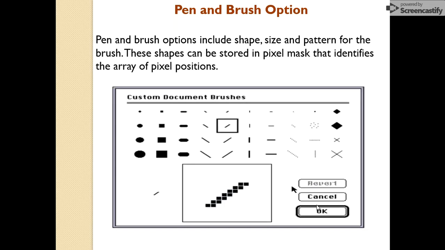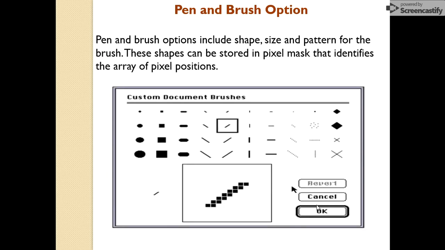In pen and brush options, we have a pen. Just as we use a pen to draw images on a canvas, on a board, or on paper, the computer uses a pixel mask so that it identifies the array of pixel positions.